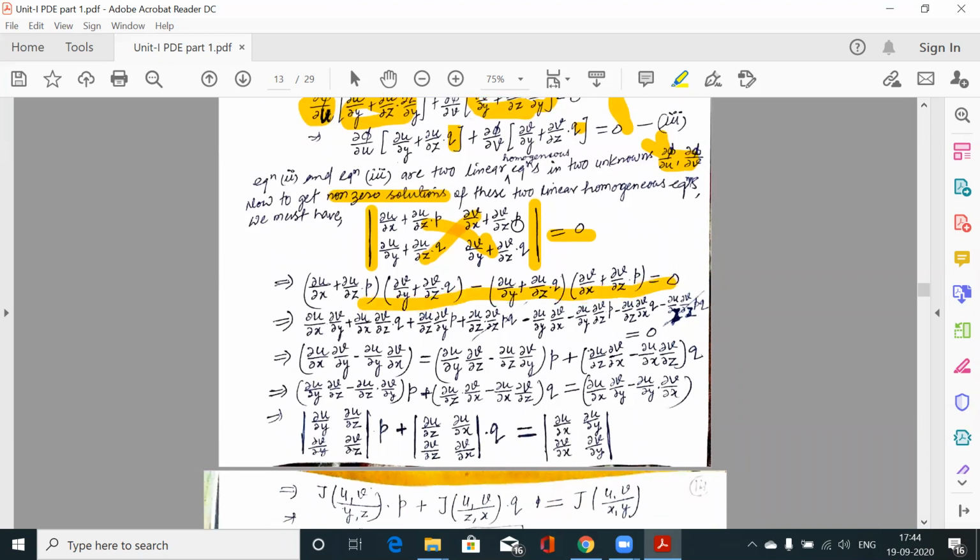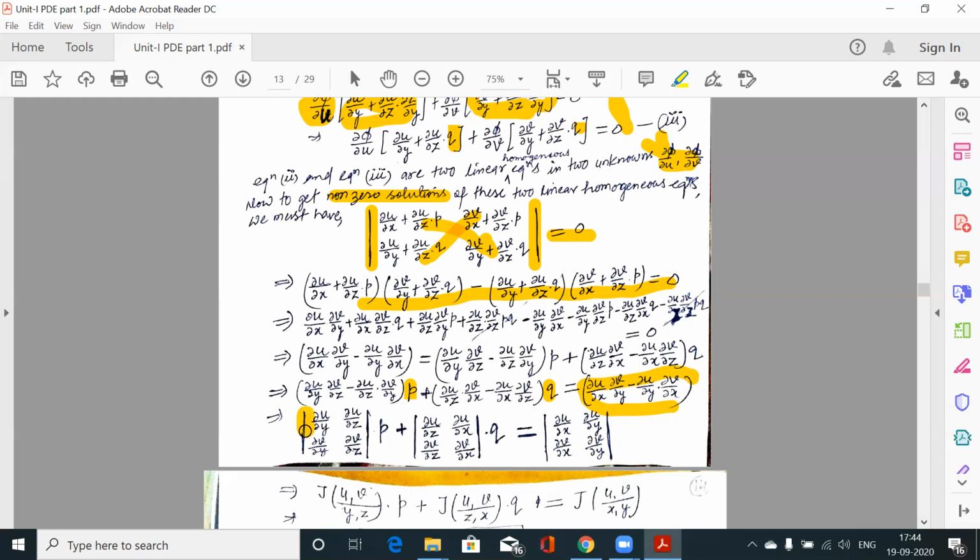Now simply by multiplying each term and cancelling out the opposite terms, I have written this equation in this form: the coefficient of P, the coefficient of Q, and the free coefficient. If we observe this term, this is del u over del y, del v over del z, del u over del z minus del v over del y.